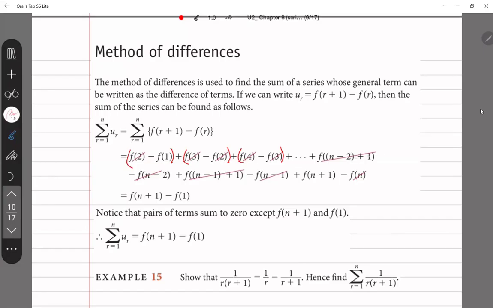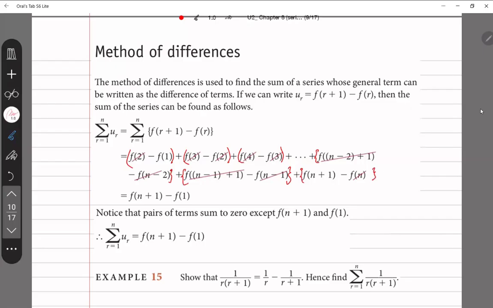From here to here is the n minus 2 term. Then to here, that would be the n minus 1 term. And this would be the nth term.